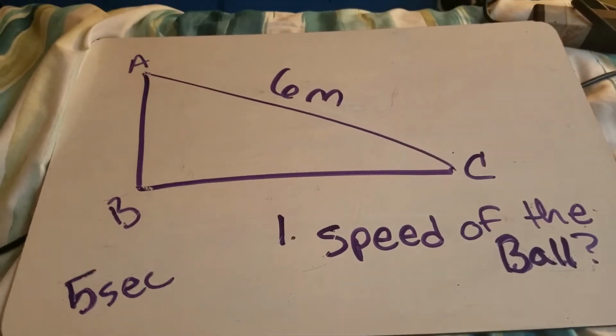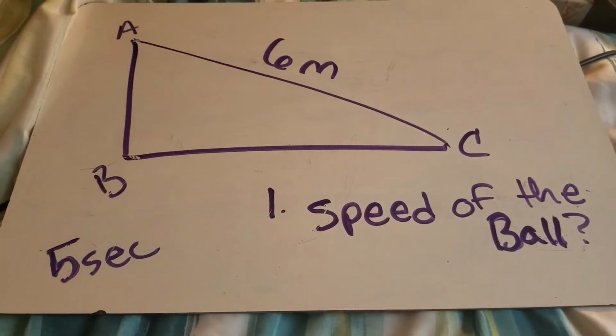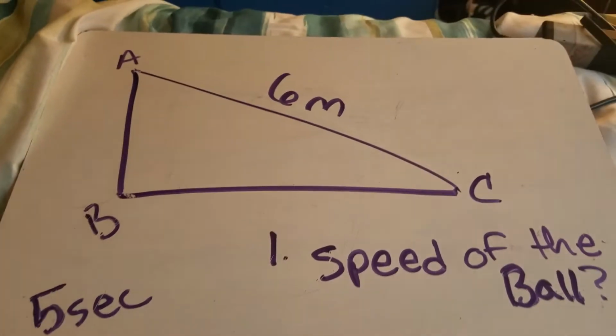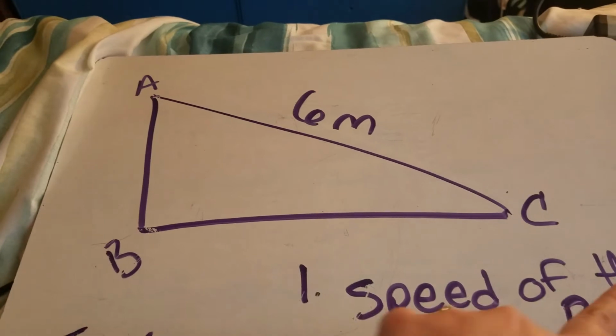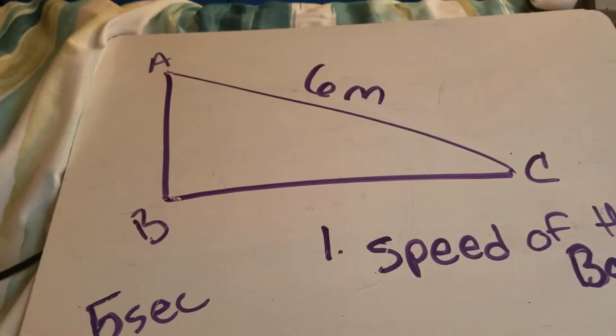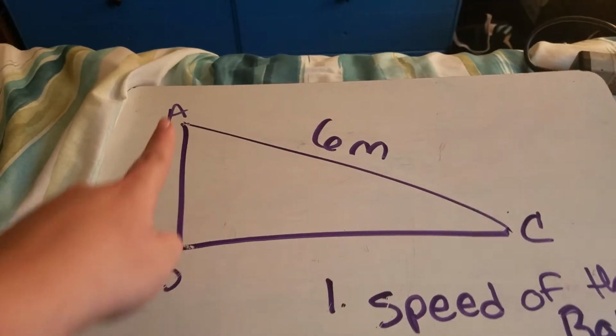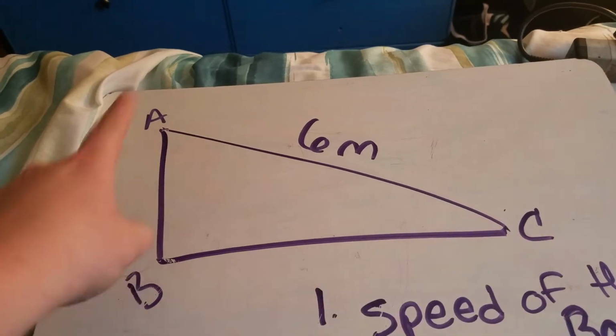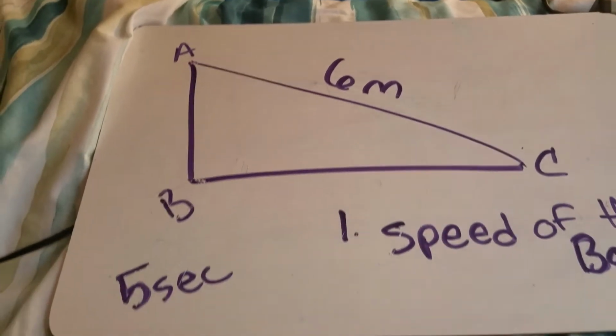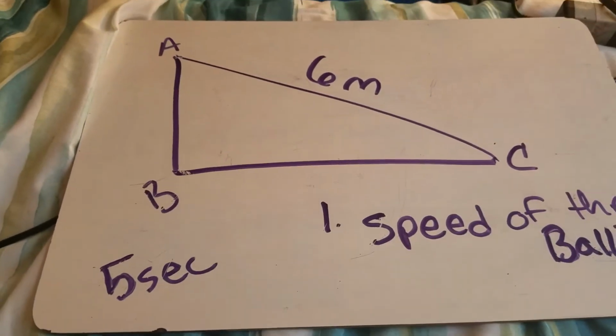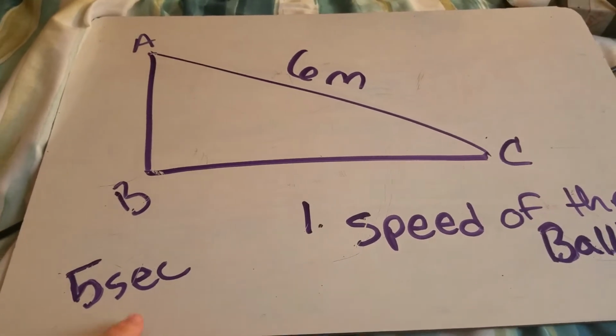So, let's take a look at our problem here. I have a triangle, and I've labeled the sides A, B, C. It looks like we have a distance of 6 meters from point A to point C. And it looks like this happened in 5 seconds.